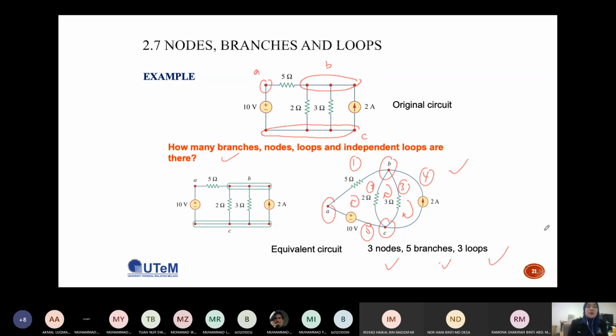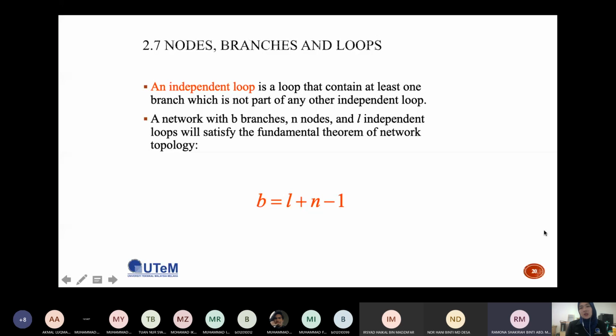Two. Good. Some say two, some say one, so let's go back to the definition.